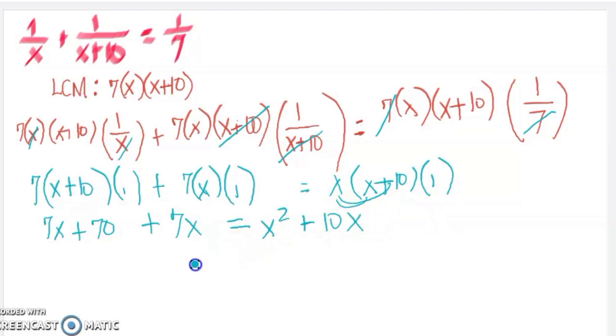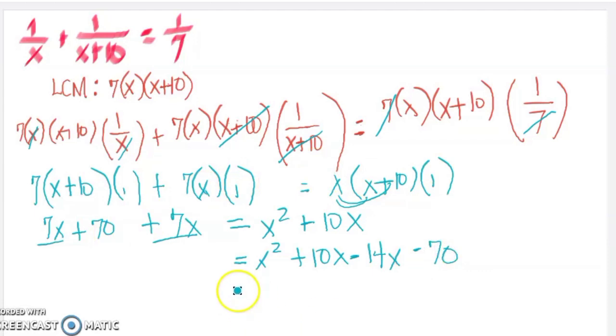Then, we rewrite this in standard form. So, we have x squared plus 10x. Since ito, tsaka to, ang sagot is 14x. Pag nilipat sa kabila, magiging negative 14x. Tama? Then, this one, negative 70.